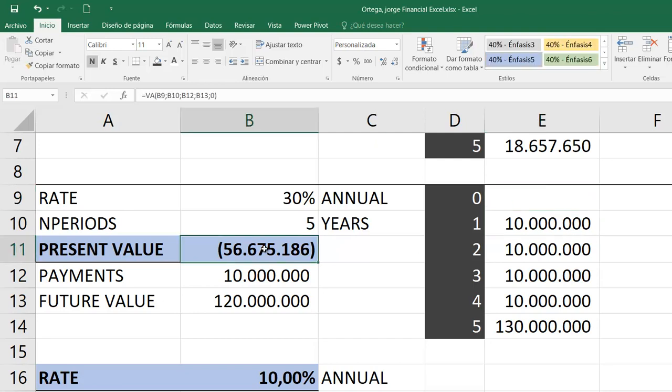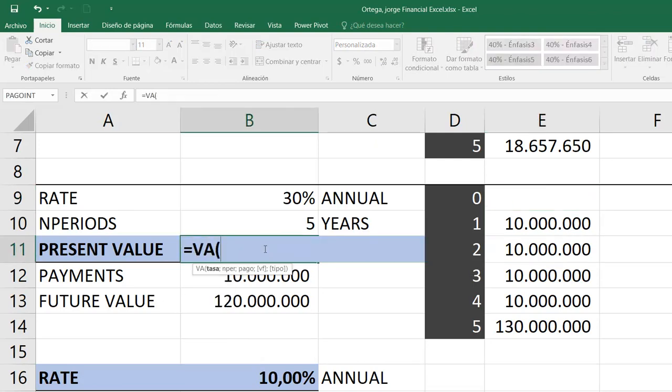Here I use the formula PV. I select the rate. This 30% rate is the return you require in order to invest in this type of business. The number of periods, I select 5 years. Our cash flow is represented here over 5 years.